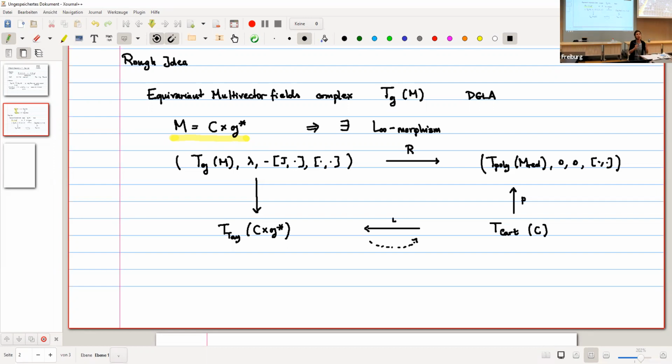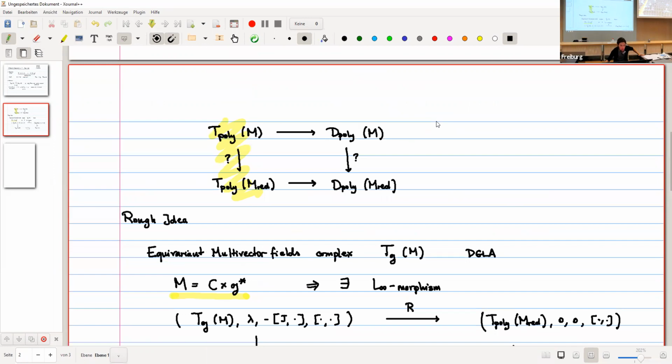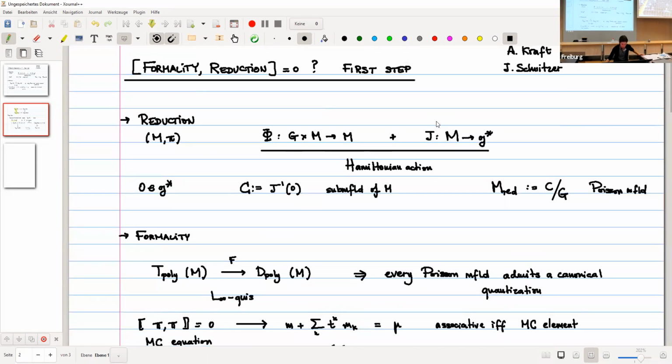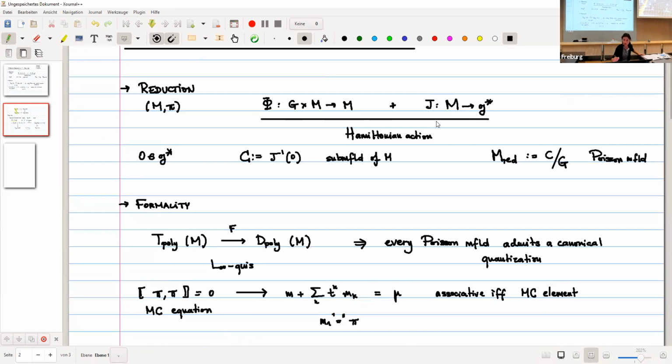Equivariant means that you have Ad*-invariant. You see what I meant, maybe. Yes, here.